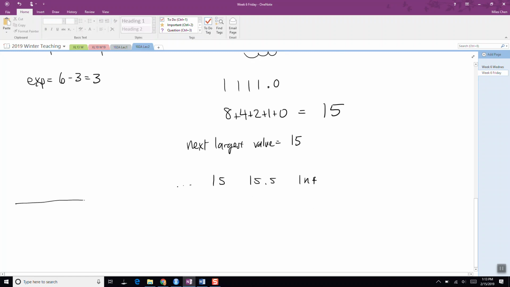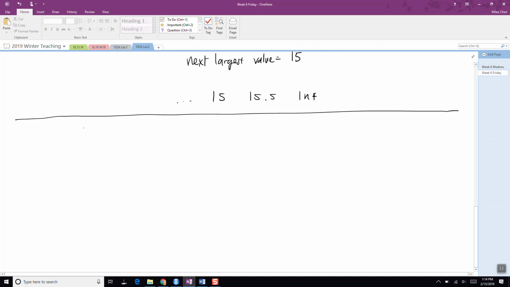Earlier I said we can always assume, so we have a rule that says we can always assume that the leading mantissa digit is 1.